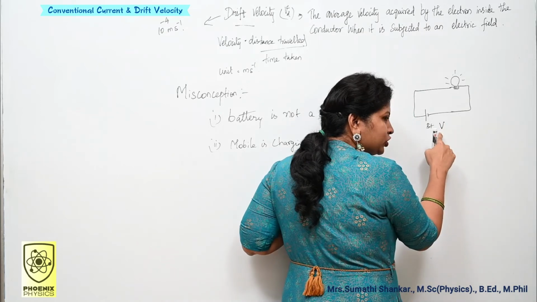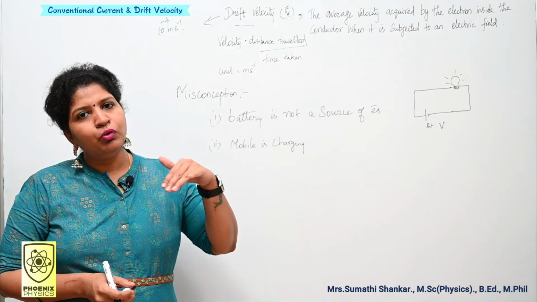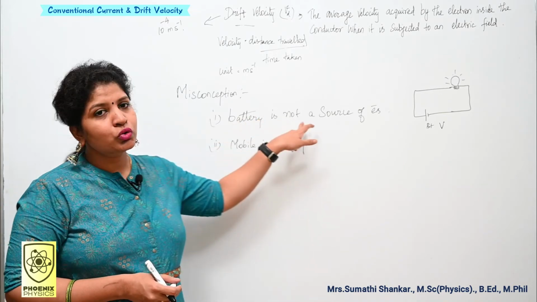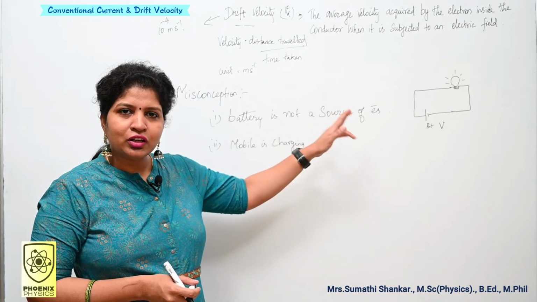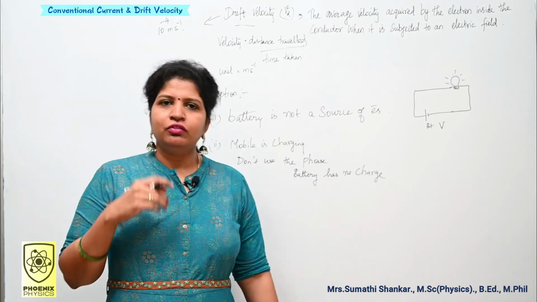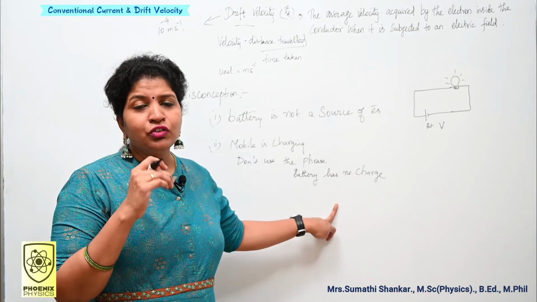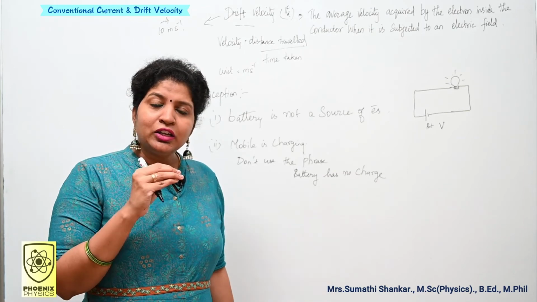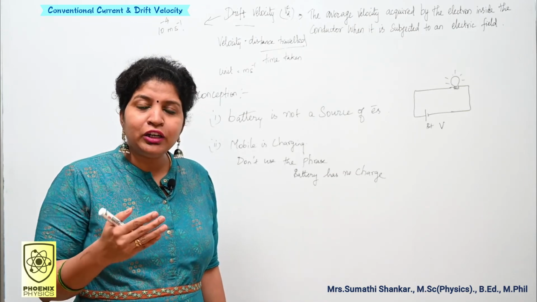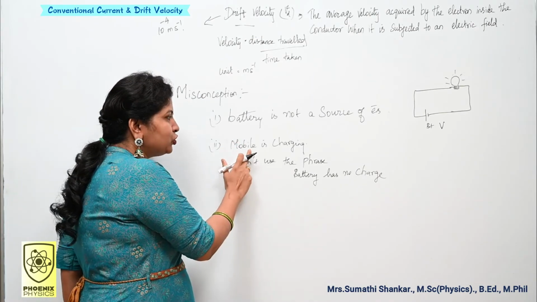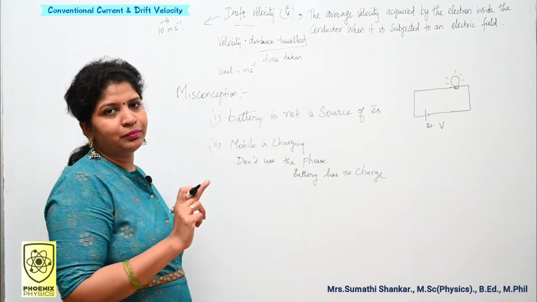Because of this potential difference, electrons move inside the conductor. So battery is not a source of electrons. It just gives potential difference only. We usually say the battery has no charge. If you say it like this, it means the battery has lost the ability to give electrical energy. You should say, I am going to charge my mobile, not battery.